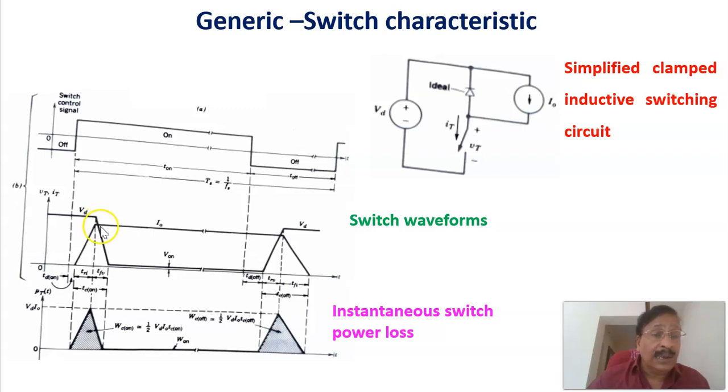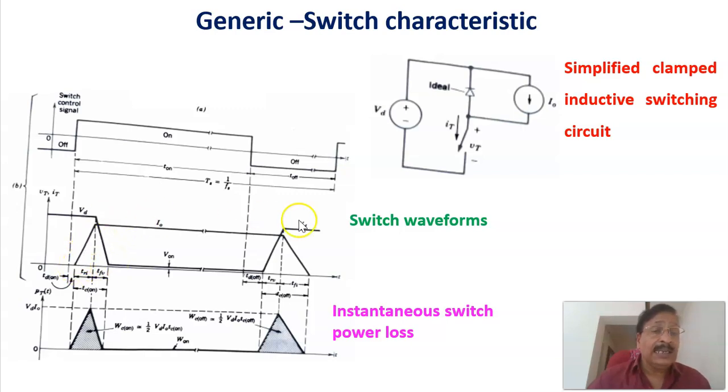It slowly goes down toward the on state, and finally reaches the voltage V on. The time taken to reduce this voltage is called the fall time TFV, the falling time of the voltage.